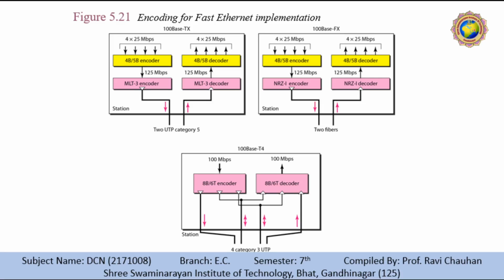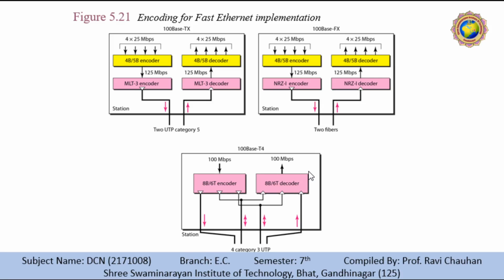We need an encoding scheme that converts the 100 Mbps to a 75 Mbaud signal. An 8B/6T encoder and decoder is used in this implementation. 8 data elements are encoded as 6 signal elements. This means that 100 Mbps uses only 6/8 times 100 Mbps, which is equal to 75 Mbaud.